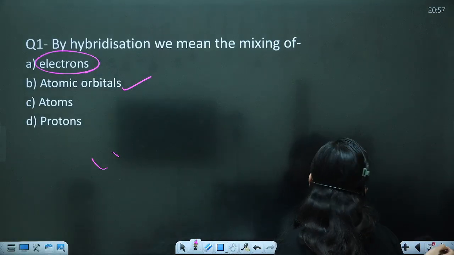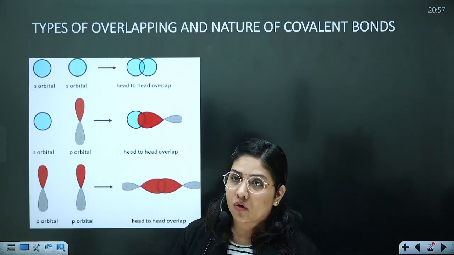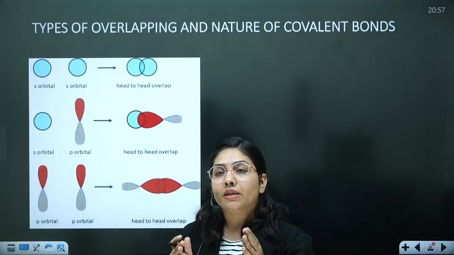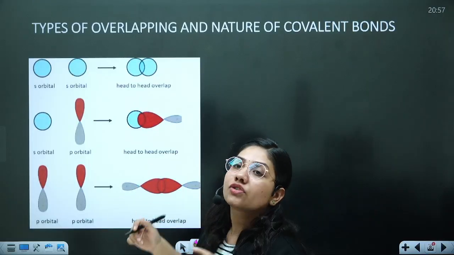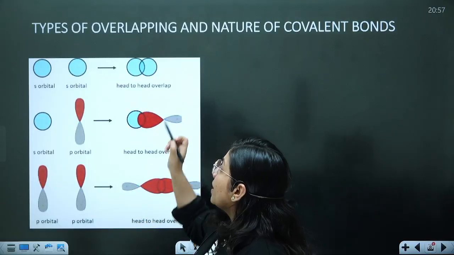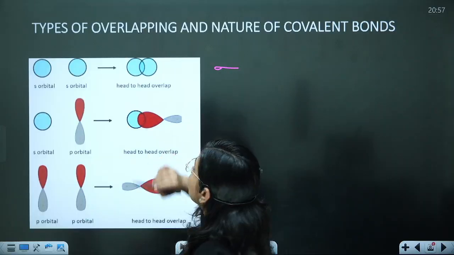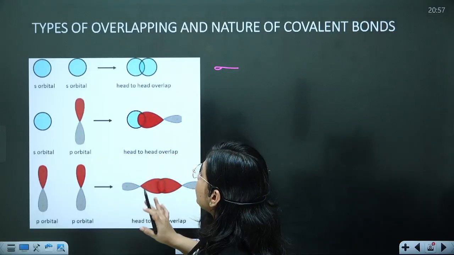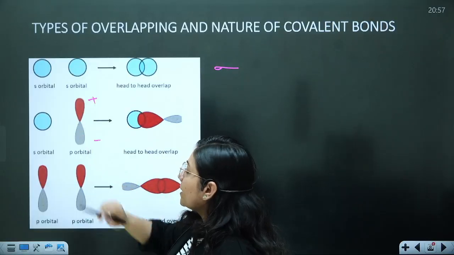Types of overlapping and nature of covalent bond. This is a little bit out of this topic, but this is the basic which we must know. When an s orbital overlaps an s orbital, a sigma bond is formed. Here one color shows the positive phase and the other the negative phase.